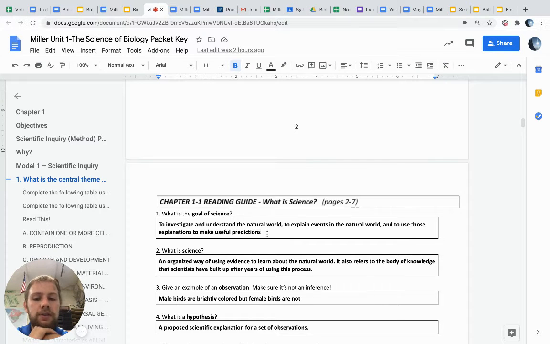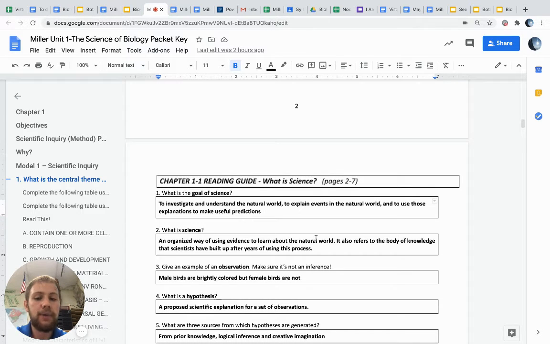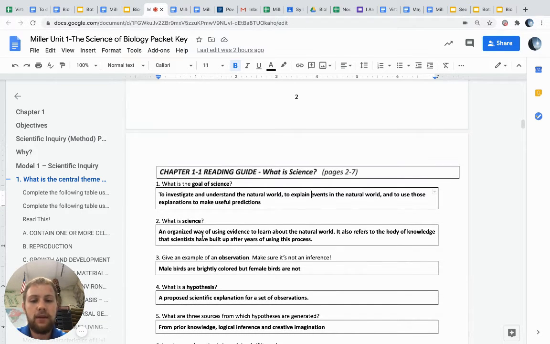I would also add to that definition that the goal of science is to essentially use evidence to draw logical conclusions about the natural world. So we want to investigate it, and we want to be able to create some explanations based in logic. Not based in opinion, but based in logic and evidence. Science is based on evidence. All right, so that is the goal of science.